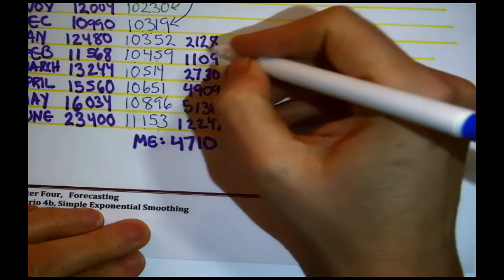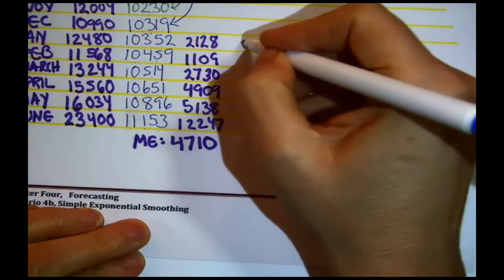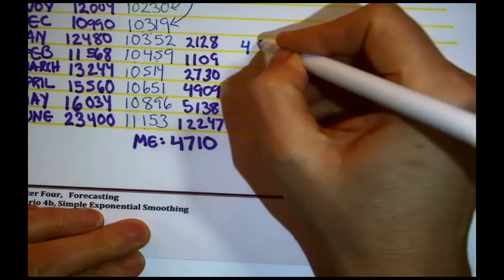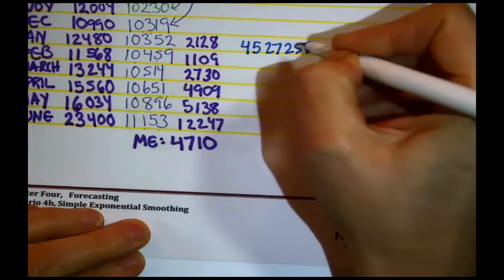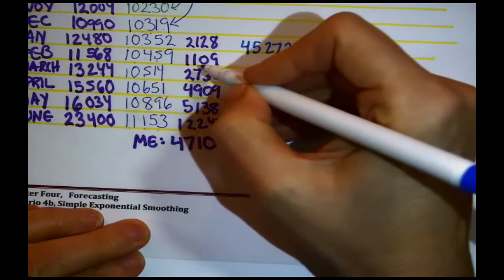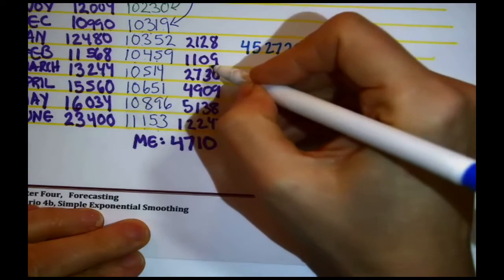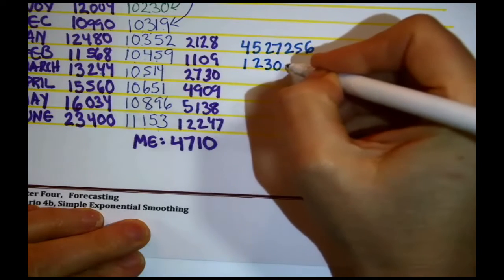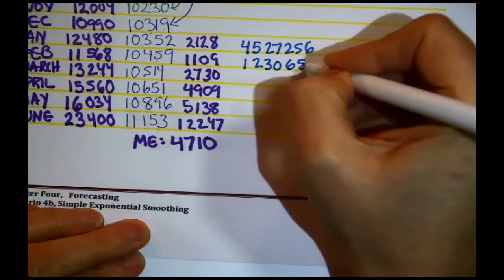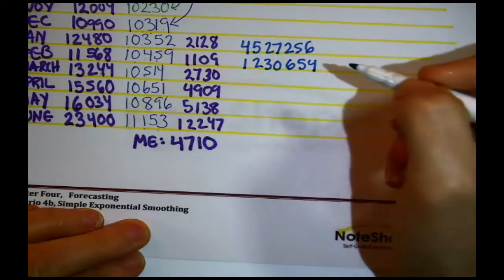Now, if I take this number and I square it, I get a very large number, 4,527,256. Okay, if I take 1,109, or this number, and I square it, I get 1,230,654. Okay, these are running in the millions.